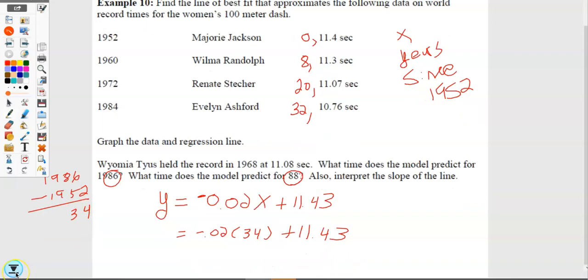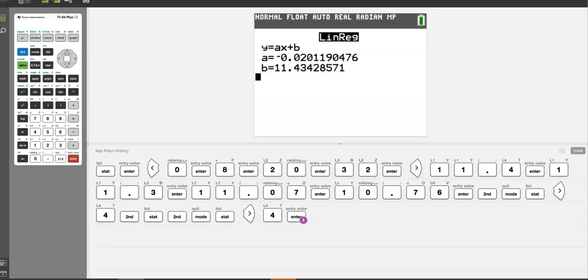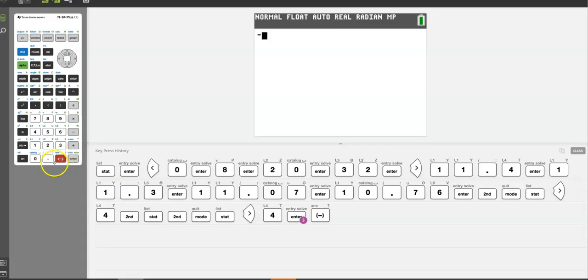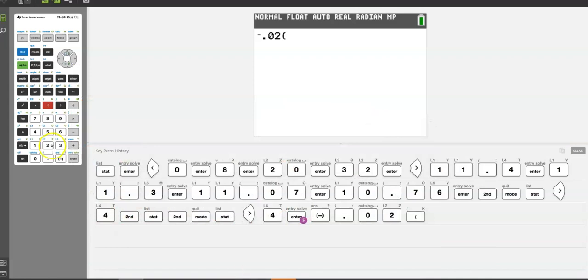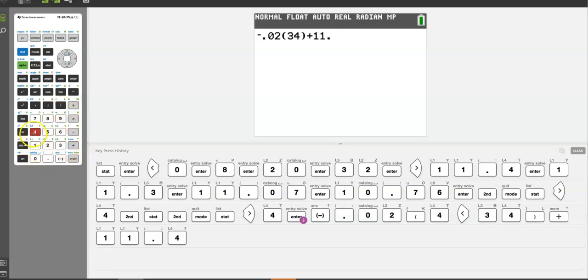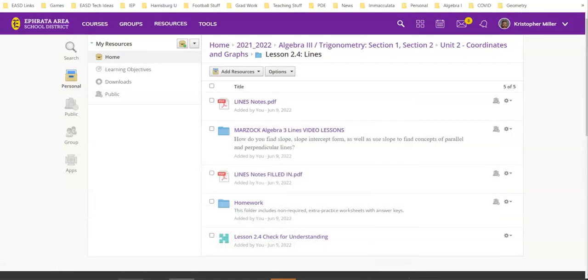That should give me the estimated time for what we predict is going to happen in 1986. So it'll be negative 0.02 times 34 plus 11.43. So that prediction will be 10.75 seconds.